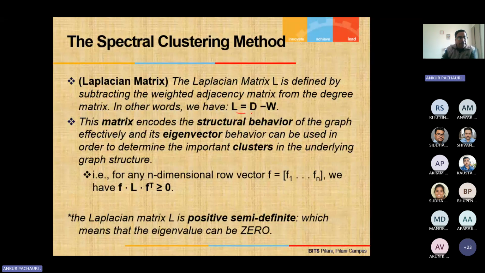In words, L equals D minus W. It will be positive semi-definite, which means the eigenvalue can be 0 but cannot be negative. The smallest eigenvalue will be 0, and there can be multiple zeros.